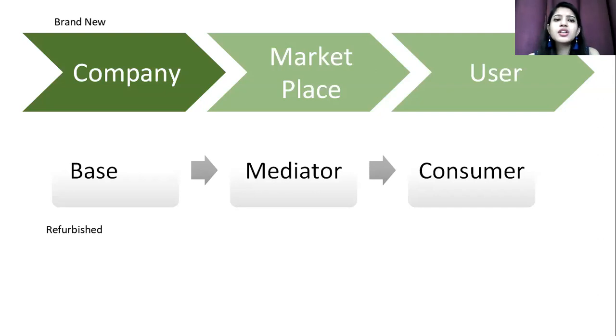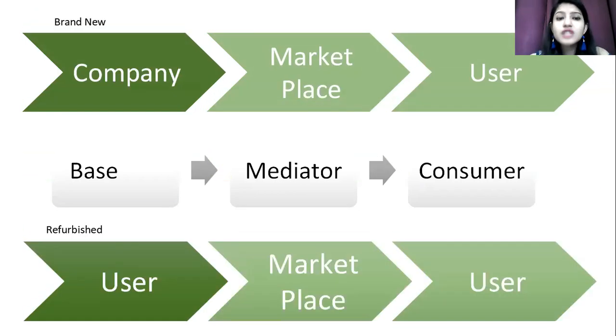Talking about the base, mediator and consumer, we can see that a refurbished product is an extension of the brand new. How? We know the pathway is company, marketplace, user. This user becomes the base for the refurbished product, because refurbished products are pre-owned gadgets. They have been owned by a user, so that user becomes the base.